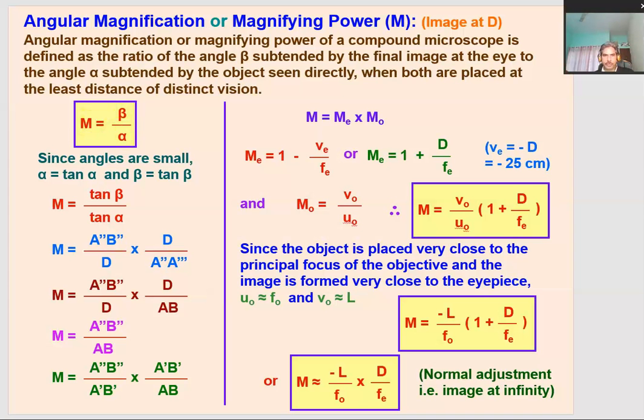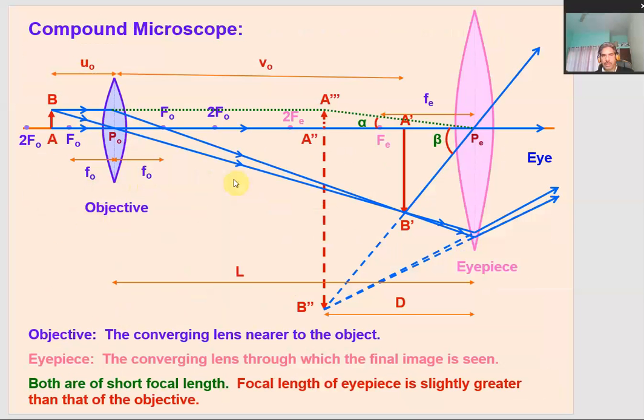Because these angles remain quite small, they can be replaced by their tangents. So in the numerator, in place of beta, we have tan beta, and in the denominator, in place of alpha, we have tan alpha. Now, in these triangles, A double dash B double dash PE, and A dash B dash PE.